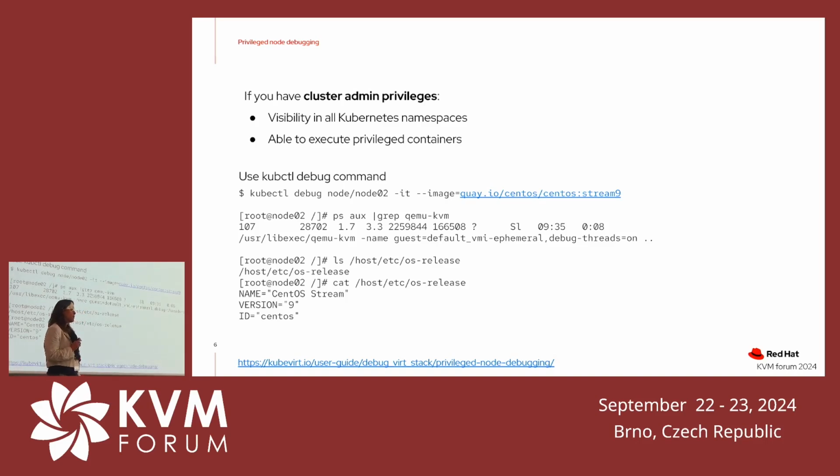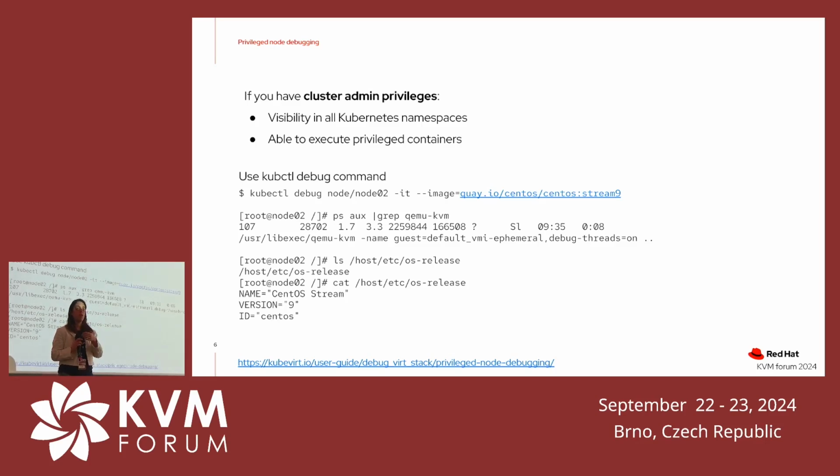kubectl, again, has a subcommand called debug, and you can target specific nodes with this command. You can deploy a container image that maybe contains additional tooling. Basically, this command creates a pod for you that you can attach to and that has already different things set for you.